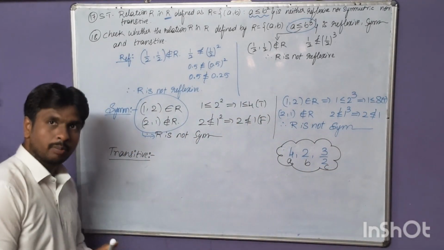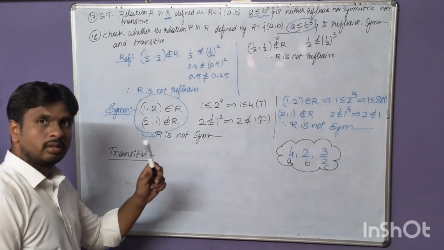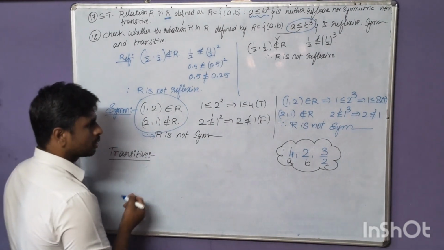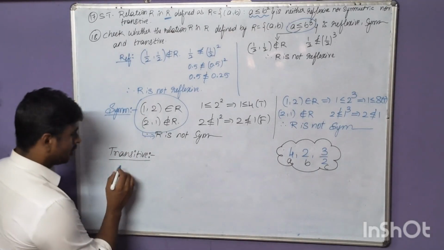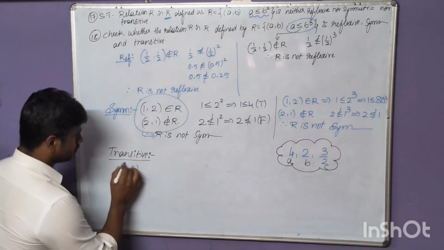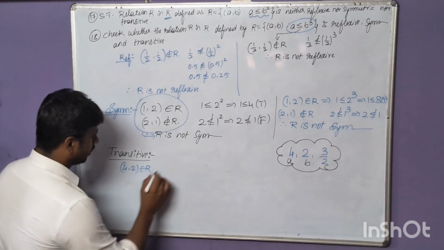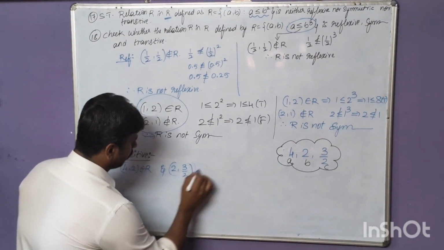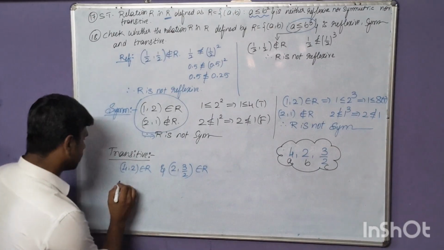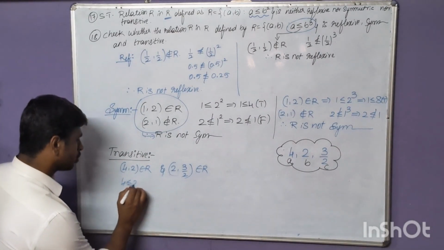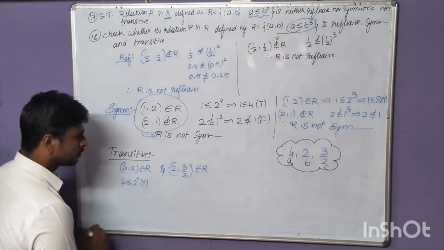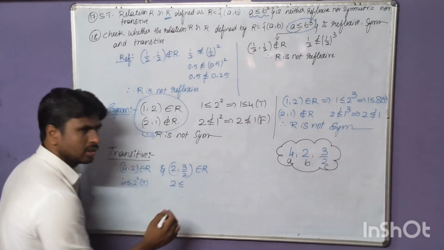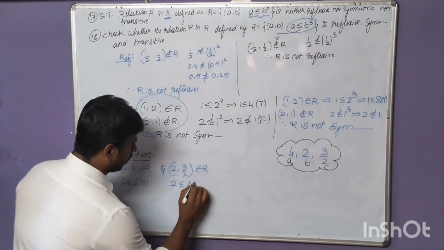Now we need to take the two ordered pairs in such a way that (A, B) and (B, C) belong to R. The condition should be satisfied. So I am taking (4, 2) belongs to R and (2, 3/2) belongs to R. What does it mean? It means that 4 is less than or equal to 2 square, which is true. Again here, 2 is less than or equal to 3 by 2, which is 1.5, the whole square.